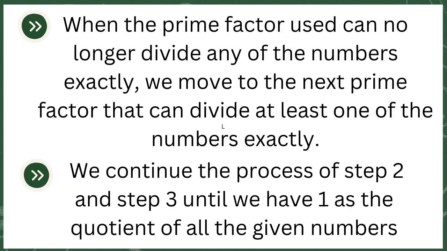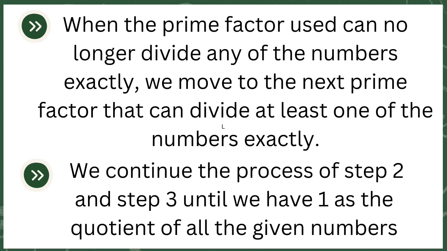Next, we are going to check if 2 can divide any of the new set of numbers. If yes, we continue using it. That's why we have here, when the prime factor used can no longer divide any of the numbers, assuming 2 can no longer divide any of the numbers exactly, we move to the next, which will be 3.